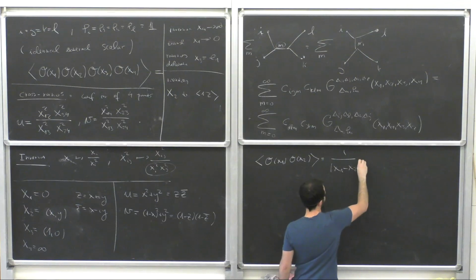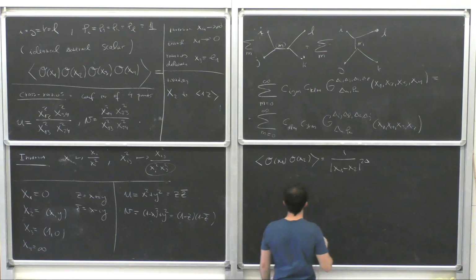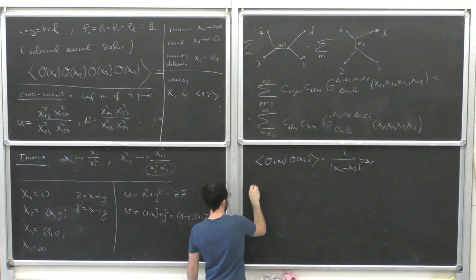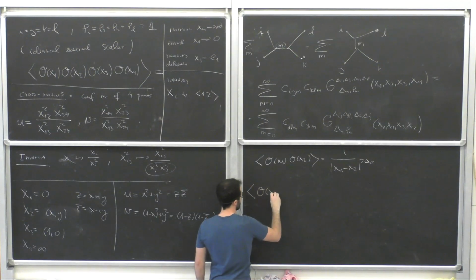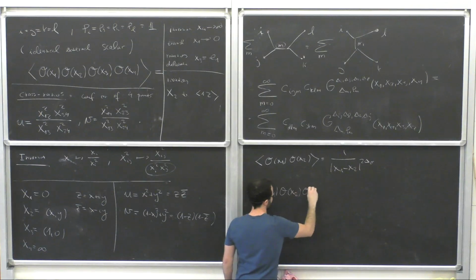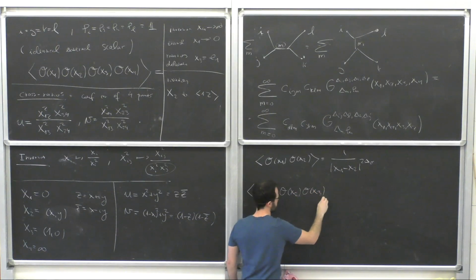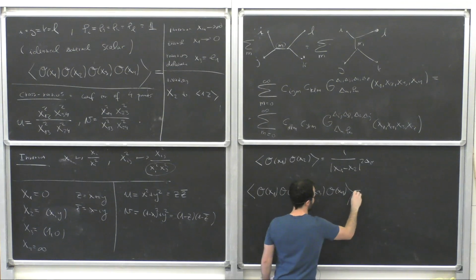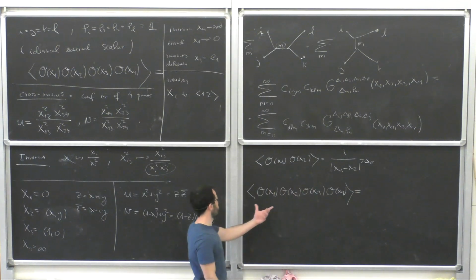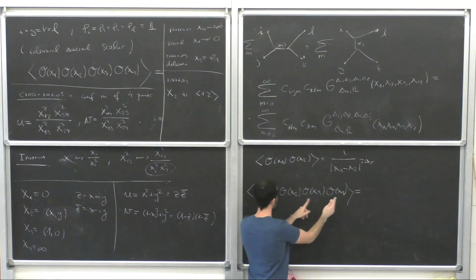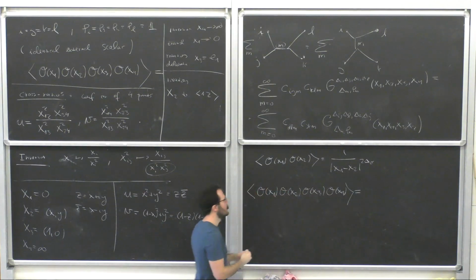We saw that again yesterday or the day before yesterday, I don't remember. It's 1 over x squared to the power 2 delta O. So we can write the 4-point function as a product of two 2-point functions, and we can pick any pair, this one, or this one, whichever you want.